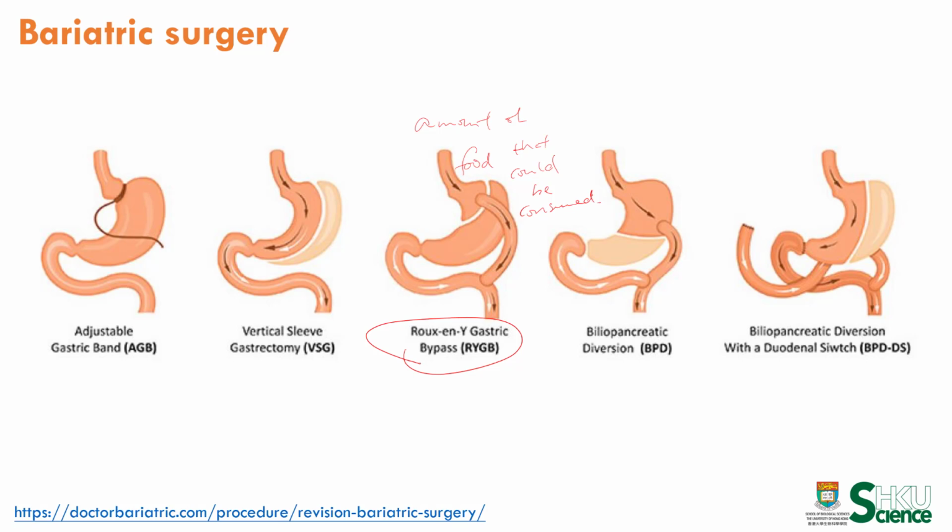It has little to do with digestion and absorption. It has mostly something to do with the amount of food that could be consumed, because in this form of bariatric surgery, the whole stomach is bypassed. Therefore, this person is unable to consume a reasonable amount of food.